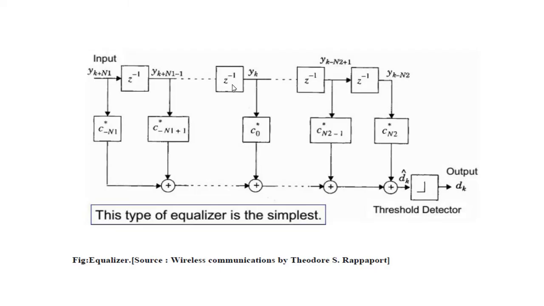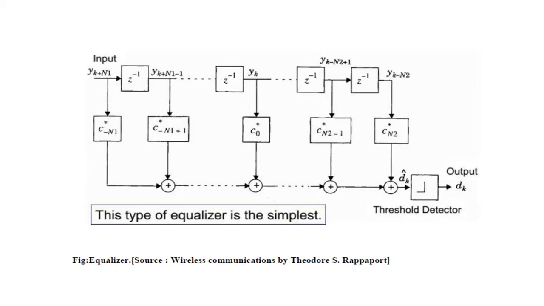Here it is the delay, so we can use the word delay or we can use the word 1 by Z. The values are taken with the values of yk, incremented with previous complex conjugate values, and these are the filtering coefficients. Finally, all these combinations are summed up, and we extract the output.